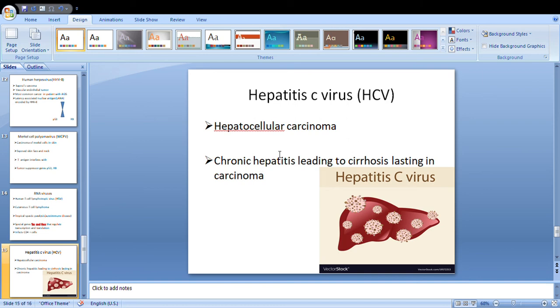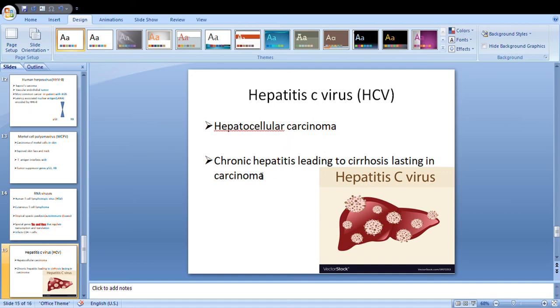The hepatitis C virus is an RNA virus, while hepatitis B virus was a DNA virus. Hepatitis C is also implicated in oncogenesis, and likewise hepatitis B virus, it causes hepatocellular carcinoma.